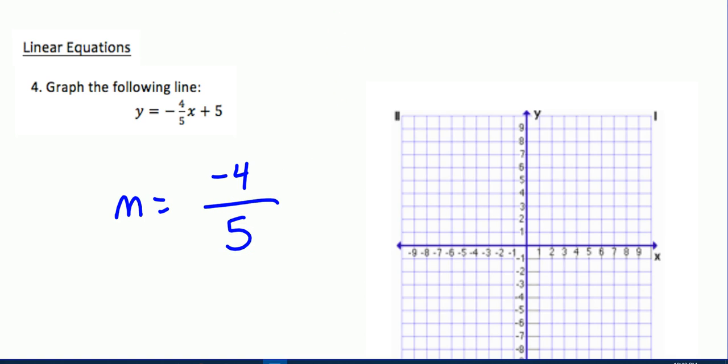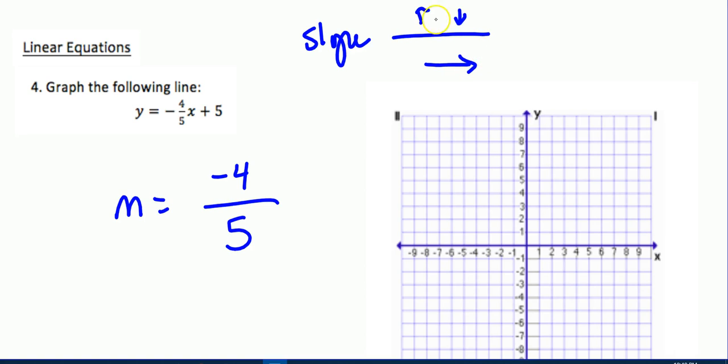And what I've been telling my kids, and I think you've been hearing it from your teacher as well, if you have Mrs. Locust, when you have slope, you have a choice of going up or down, and usually to the right. Usually.